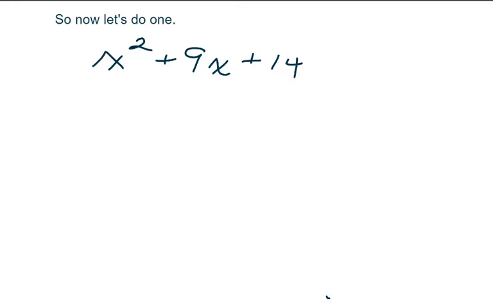Let me go through the process that you need to know so that you can look at a trinomial and know how to factor it. There are two other methods that are very handy, the box method and also grouping. Right now, I'm simply going to call this factoring by rules.